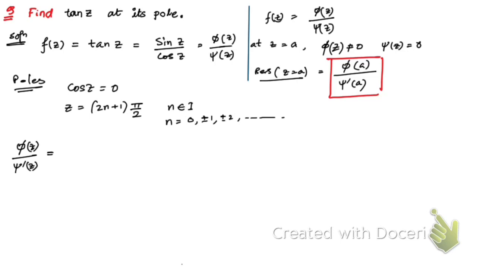That's going to be equal to sine z over the derivative of cos z. Derivative of cos z is minus sine. So that's going to be sine z by minus sine z. Okay, so if that is the case, right?